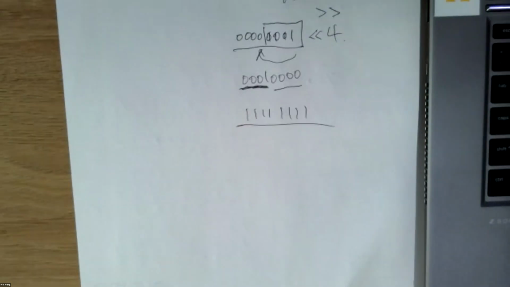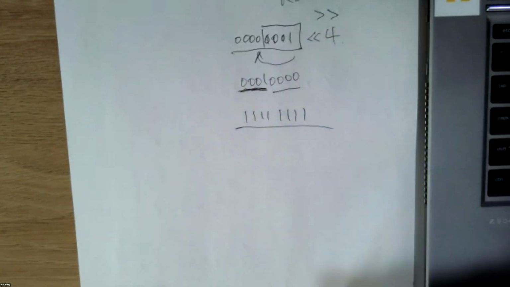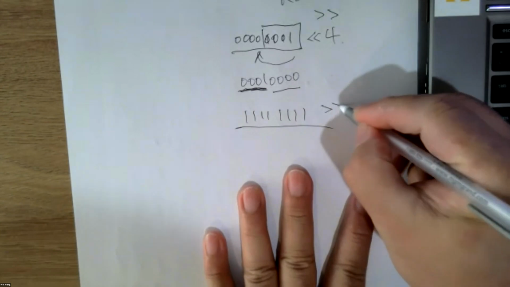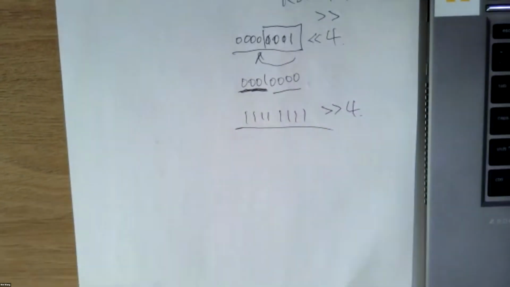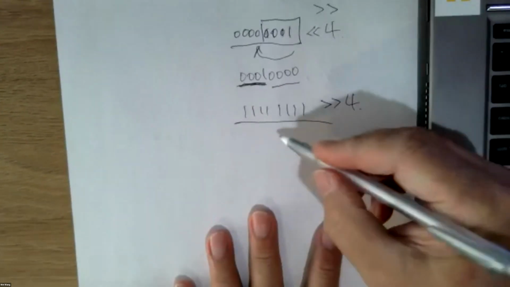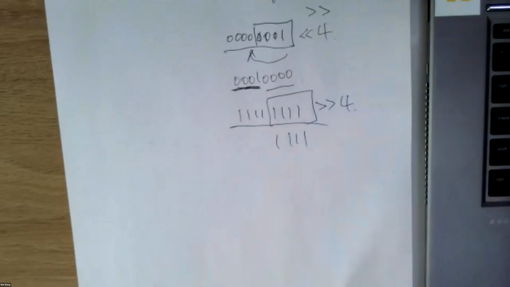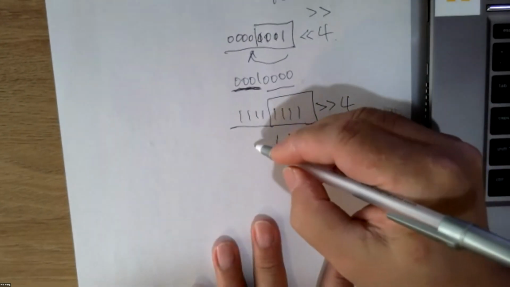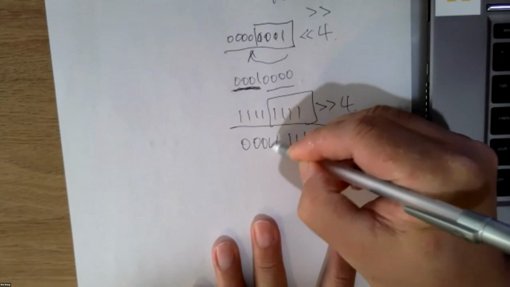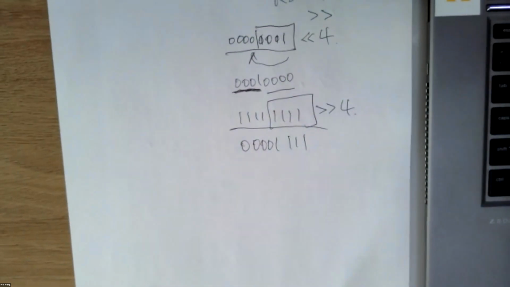Then if you're dealing with the ACSL right shift 4, the result would be 0 0 0 0 1 1 1 1. These 4 bits would be gone, moved off the range, and you got these 4 bits filled up with zeros.